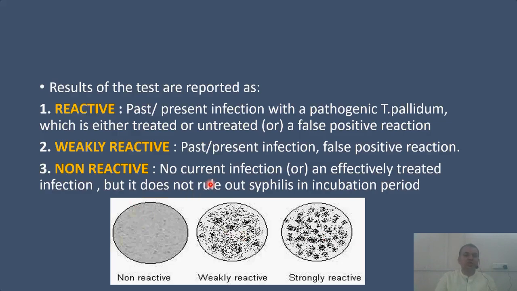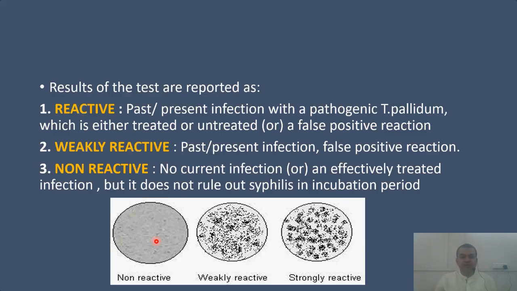And non-reactive means no current infection or an effectively treated patient. So therefore it is important. Suppose a patient comes to you in primary or secondary syphilis, you have done the VDRL test, it is positive with a high titer, and you have given the treatment. When the patient comes back after 1 to 2 months, you ask for the VDRL test again.